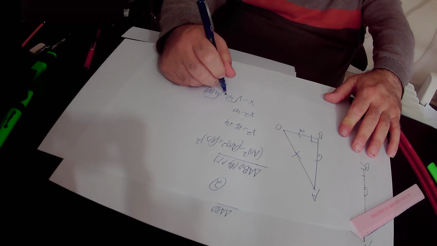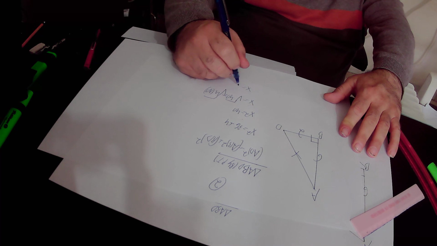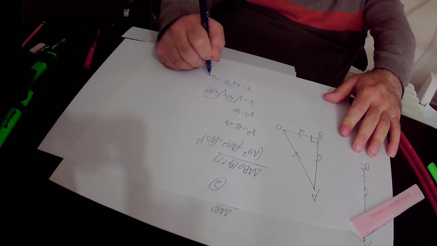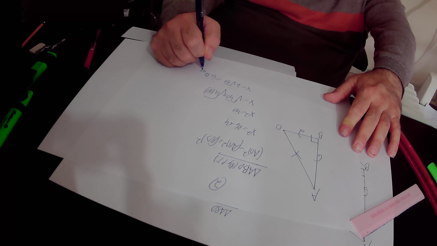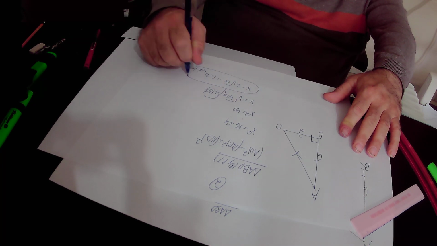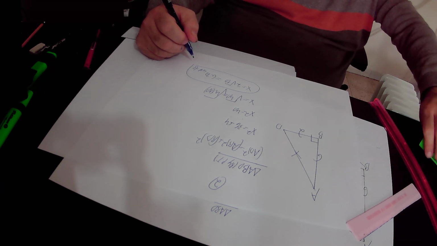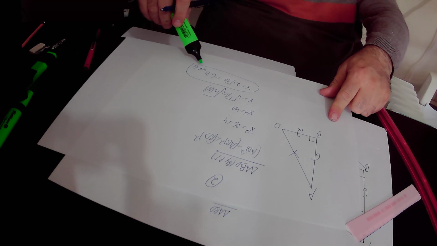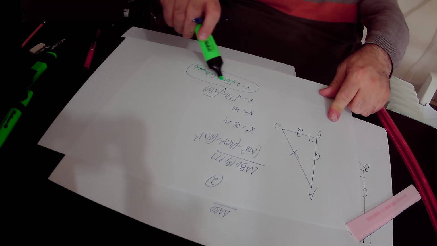The square root of 4 times 10 is equal to 2 times the square root of 10 units, so in terms of numbers it is equal to 6.32 units. Okay, we found out that x equals either 6.32 units, or we can also present it as 2 times the square root of 10 units.